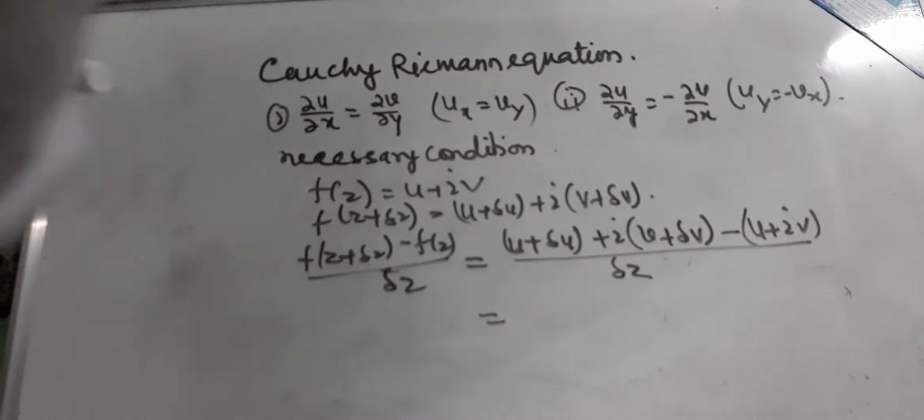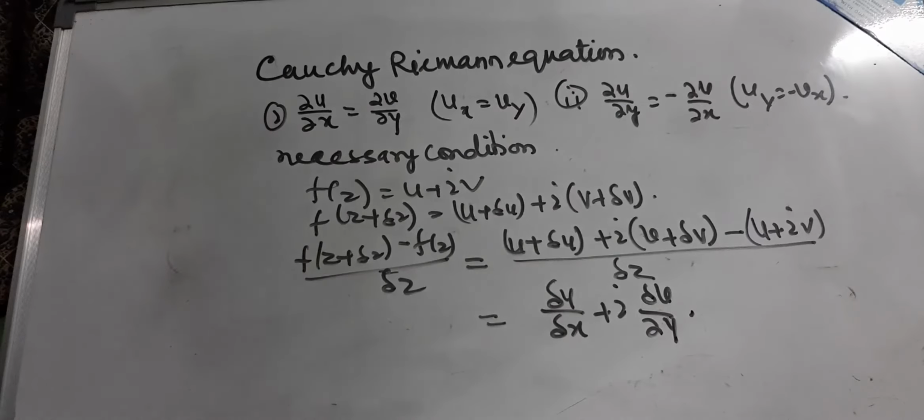So which is equal to, this is written as, you can add on, delta z equal to delta x plus i delta y. So this is nothing but delta u by delta x plus i delta v by delta y. If you write z in terms of z, we can write delta u by delta z, del v by del z.